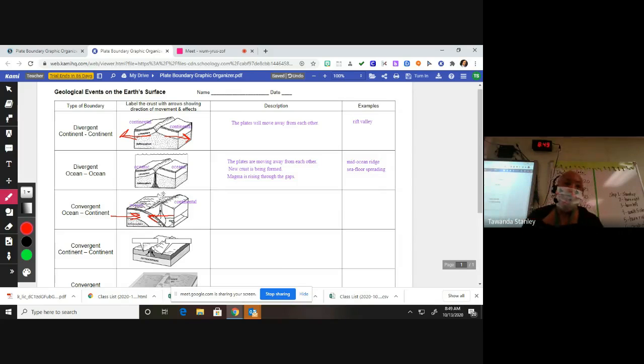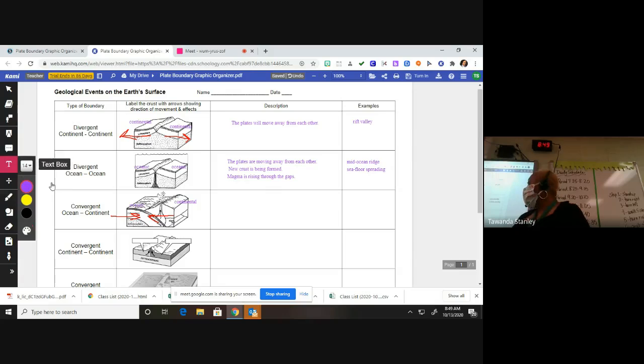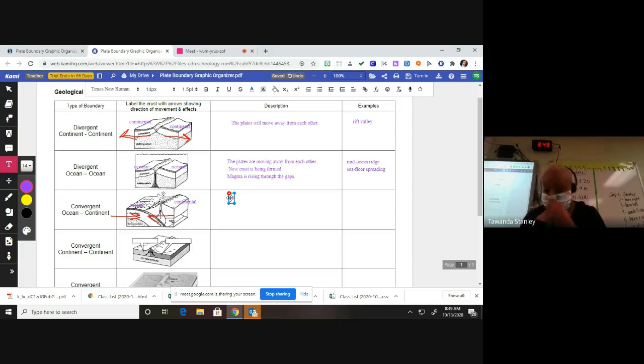It's not pretty, but you get the gist. All right, and then as a description for this particular one, I am going to put that the plates move toward each other.